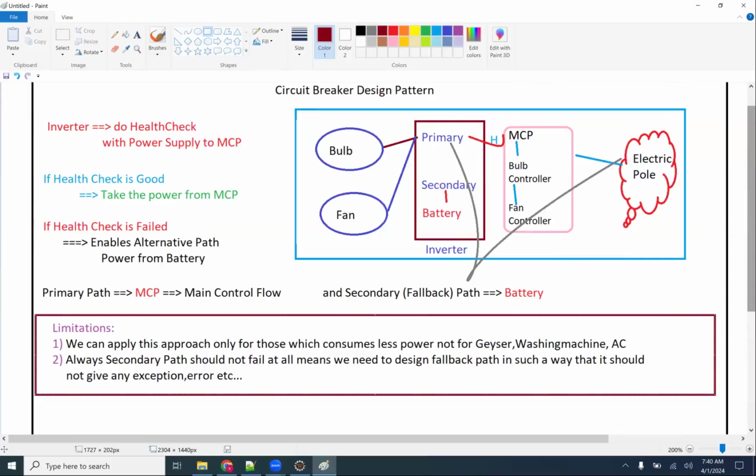Every microservice requires power. But if power is not there, in every product there will be certain critical main flows. I will convert those to an inverter, which is called a circuit breaker.